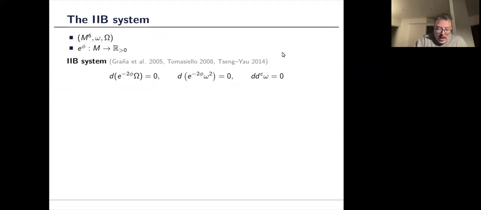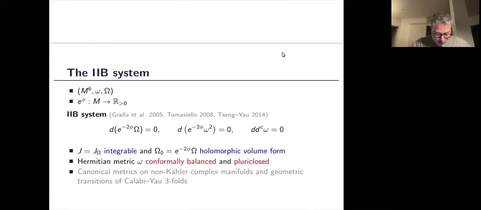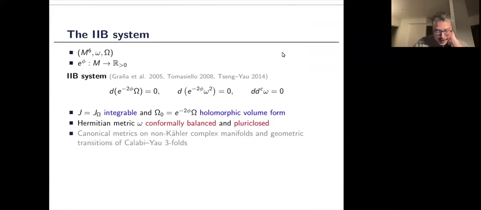These equations appear in the physics literature, in the work of Thomas, Yau, Grana and others, and also in the paper by Tseng and Yau. As I wrote them, I'm setting various fluxes to zero, unlike in the physics literature. So let me comment on what these equations are saying.